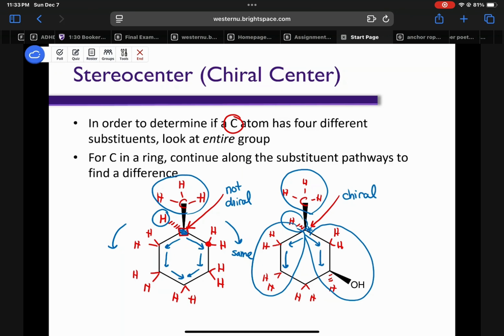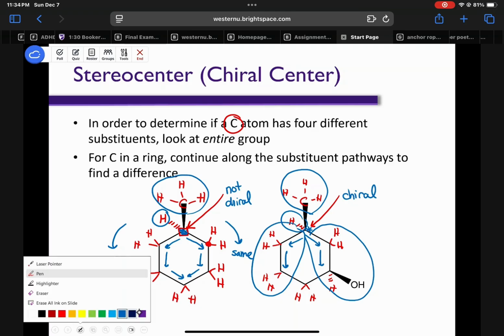If I go back to my model kit over here, it's like I added a green ball or a methyl group over here. And if you go ahead and build both, one with a methyl up, one with a methyl down, we will not be able to overlay them because they are now unique.